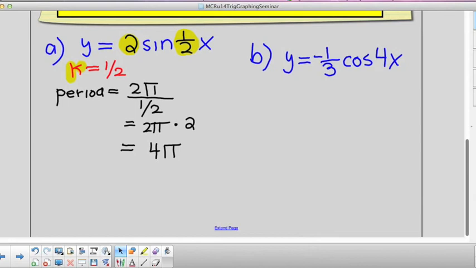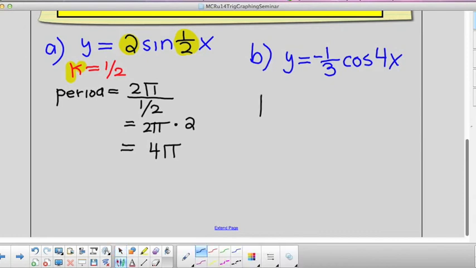It's been vertically compressed by 1/3, but it has also been horizontally compressed. So remember, your original function has a period that goes from 0 to 2 pi. This period we expect, because it's horizontally compressed, it's getting squishy, and so the period should be less than 2 pi. Let's check if that's the case.